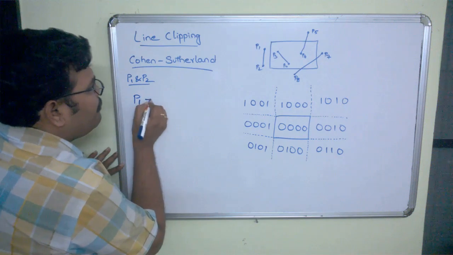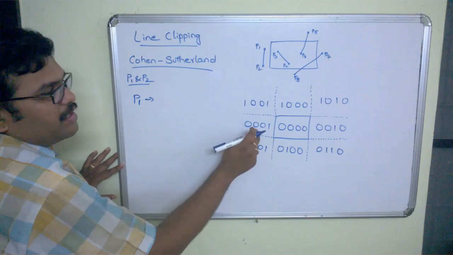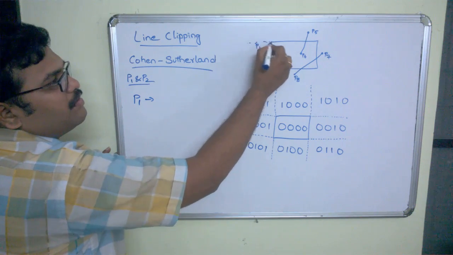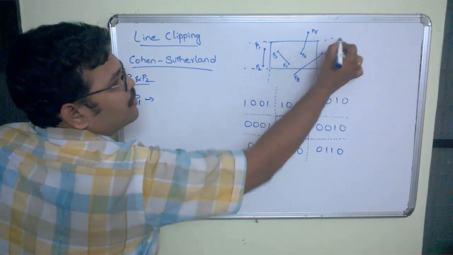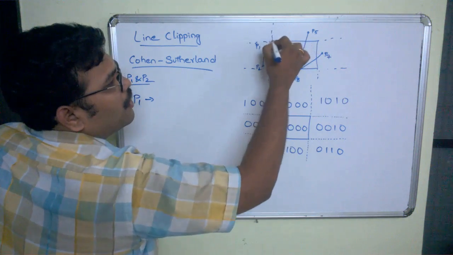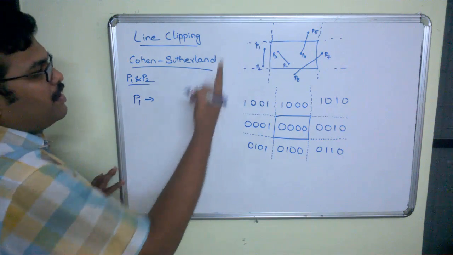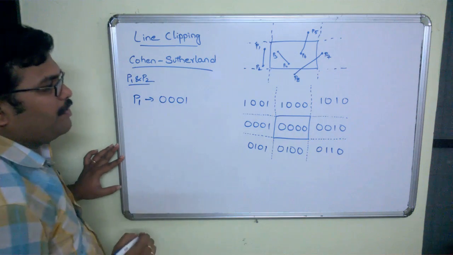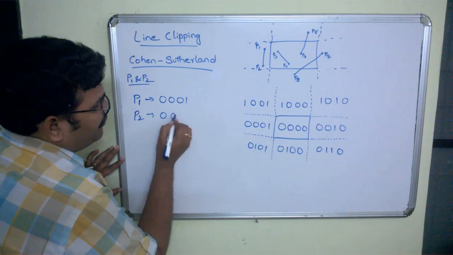The region code for P1 is in this position, this one, right? Just extend the window for easy identification, so that you can easily understand. So the P1 region code is 1 and the P2 region code is the same.